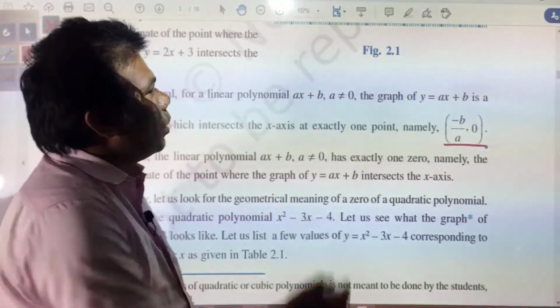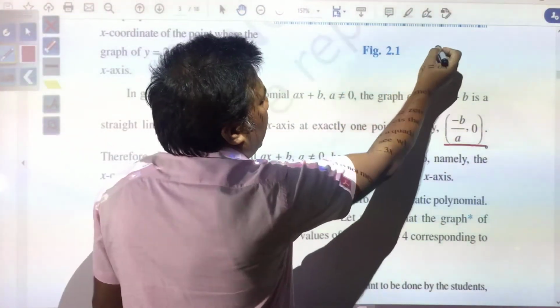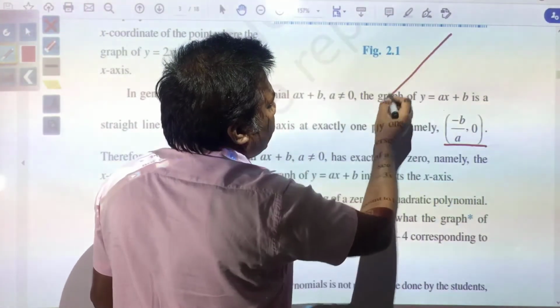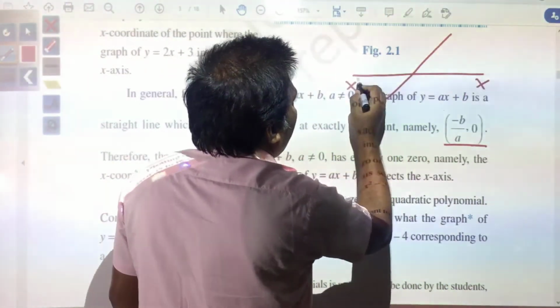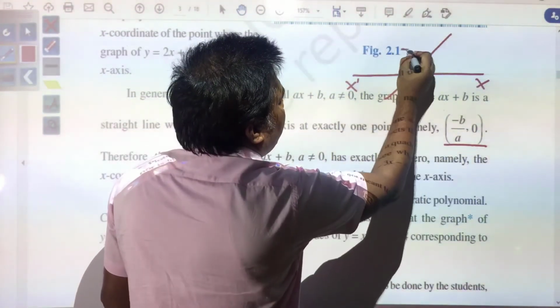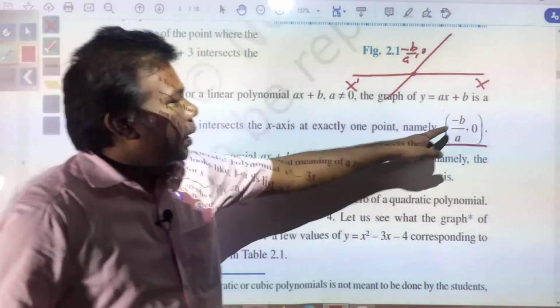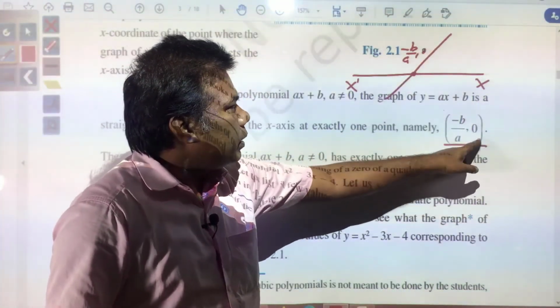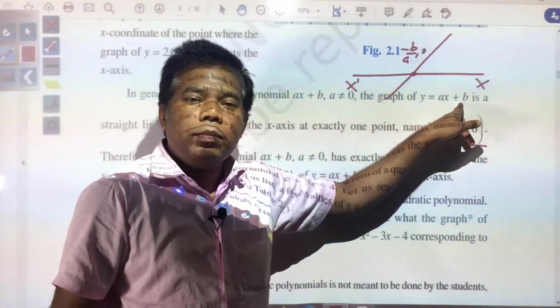So always, in a linear polynomial, one straight line will intersect the x-axis at one point: x will be -b/a and y will be 0, if your linear equation is y = ax + b.